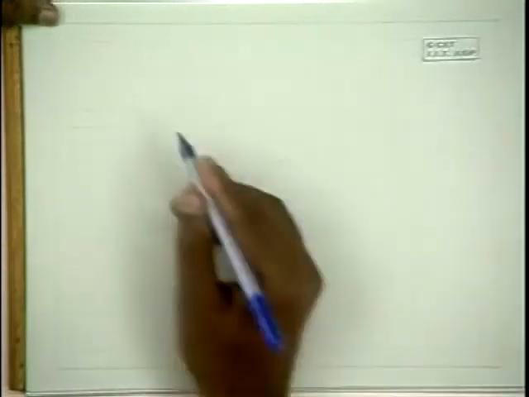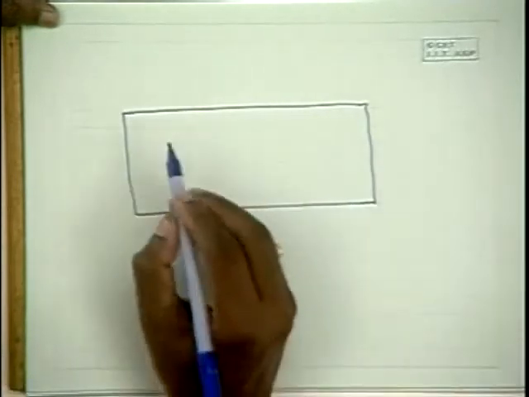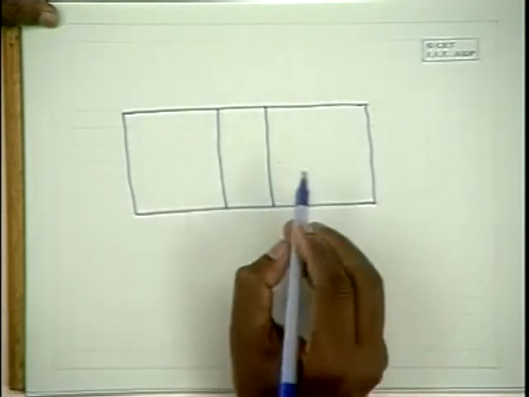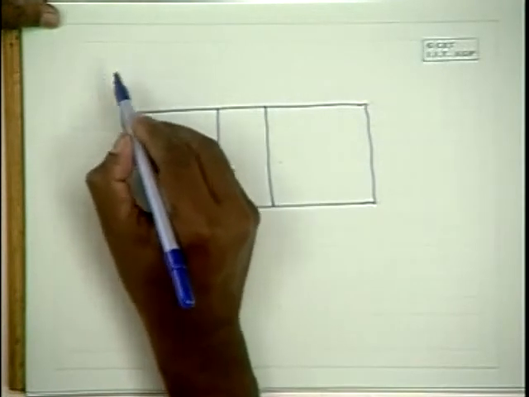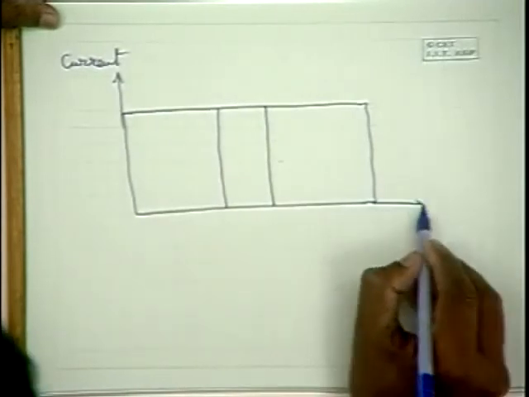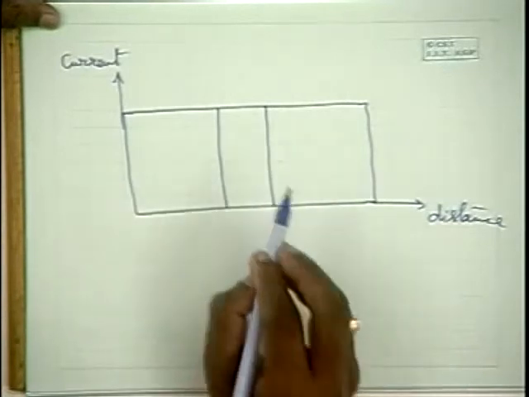Now let us look at the current components in this device. On this axis it is the current magnitude and this is distance, indicating currents over here.